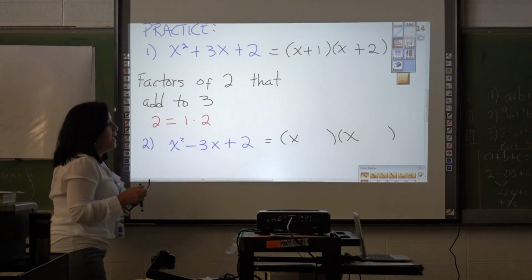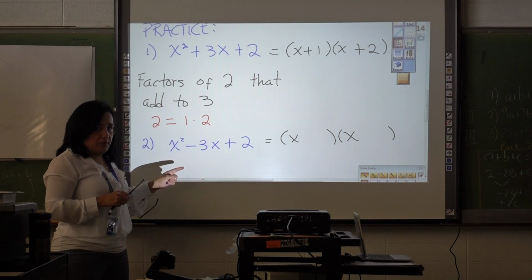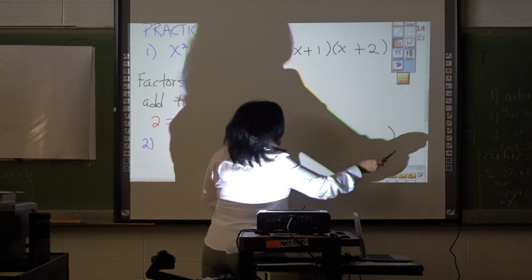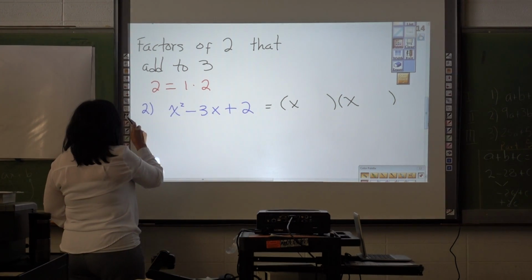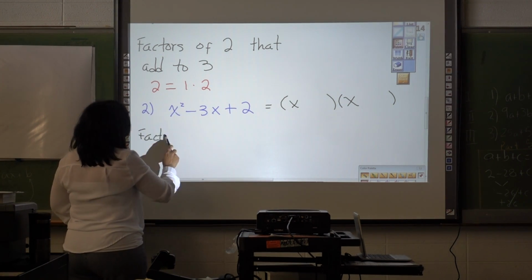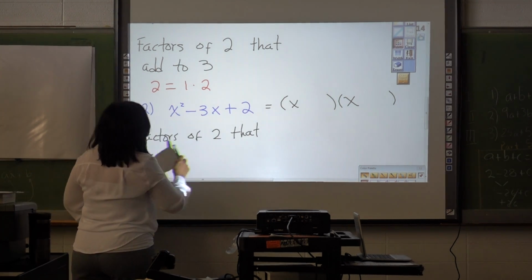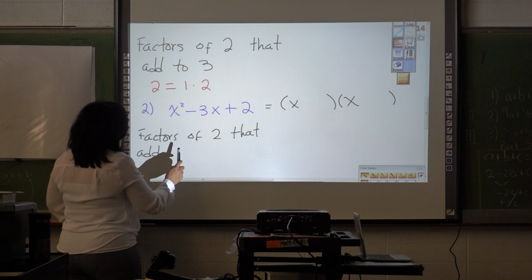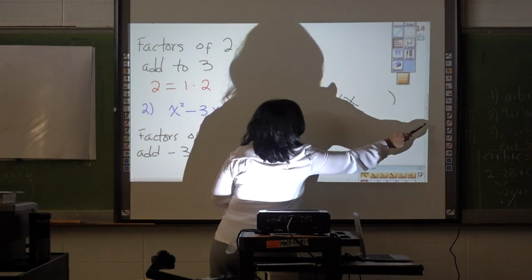Now I need the numbers. I need factors of 2 that add to negative 3. Oh, okay, now I have to deal with signs here, right?